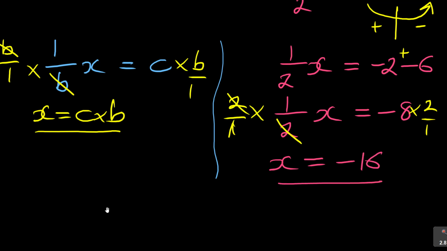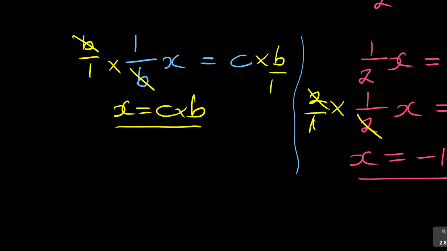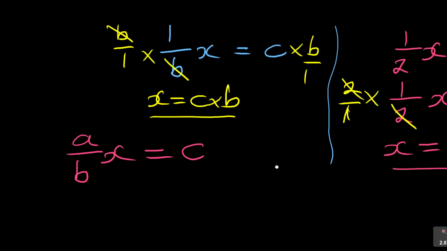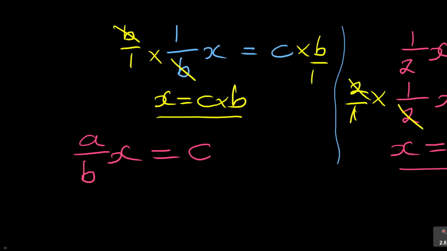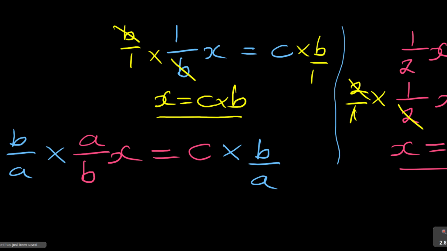Alright, I just want to show you also, if I was having A over BX is equal to C, how do I simplify this? You multiply by the inverse. What do you multiply by? You multiply by B over A. You see, A over B, B over A. But what you do on the left, you do on the right, B over A. So this means, you see, it's the same thing whereby what I do on the left hand side, I do on the right hand side, it's still balanced.